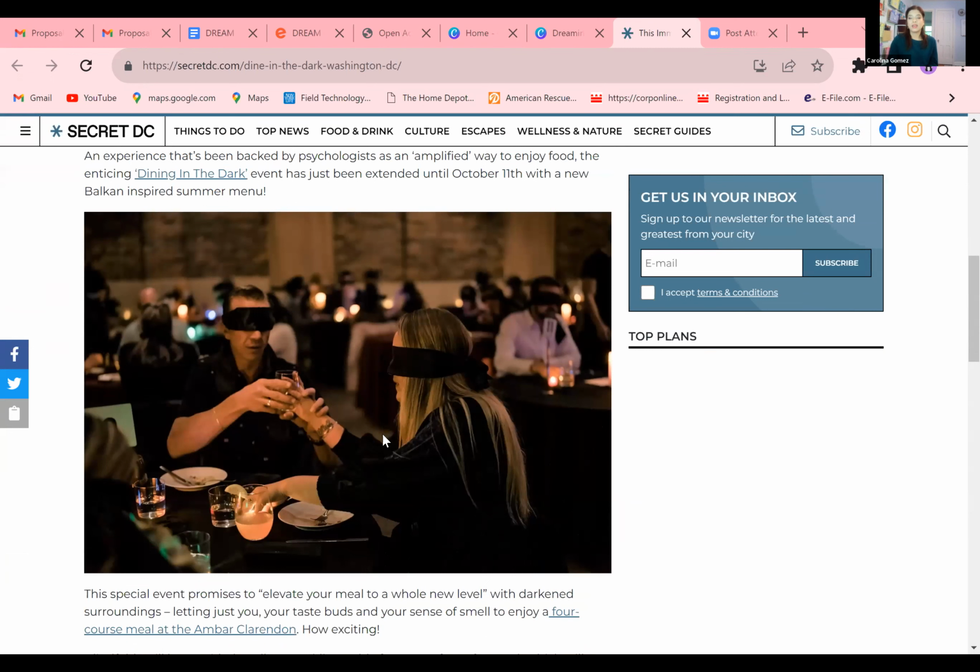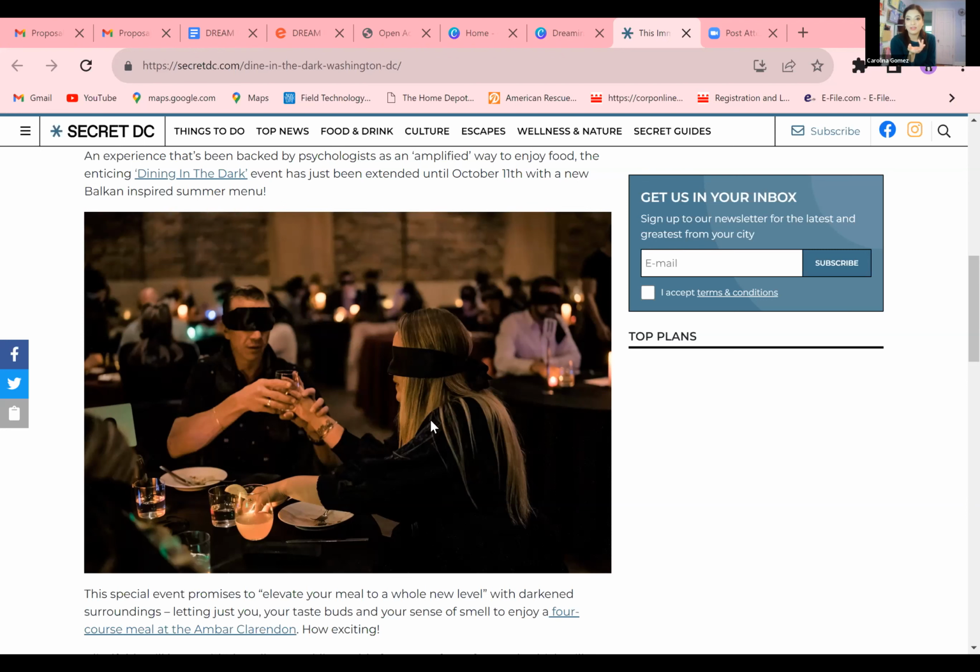And that way, supposedly, it enhances the flavor and the experience. And that's kind of true-ish, like if I ate in the dark, I would be a little clunky because I'm not the most graceful of people, so I'll probably drop things. But I'm just saying that that's a very innovative concept that they've created for a restaurant setting.